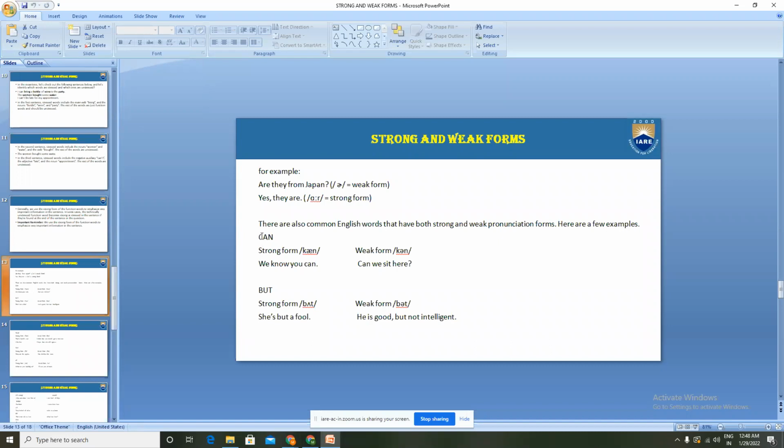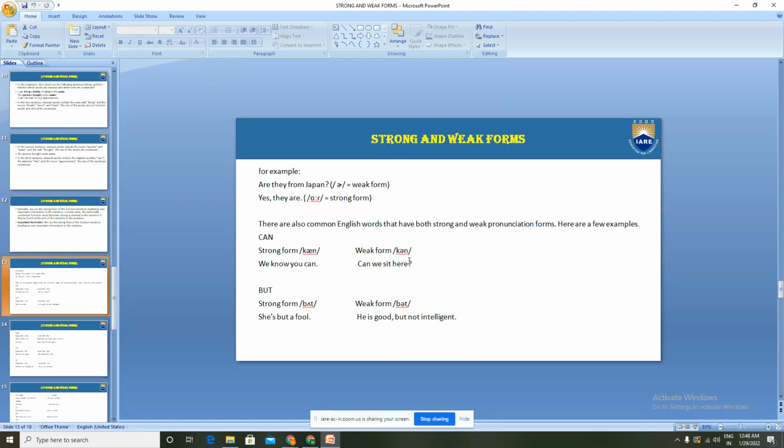Next, can. Can is a modal auxiliary. In general it is a weak form. There are also some common English words that have both strong and weak forms. Here, can we sit here?